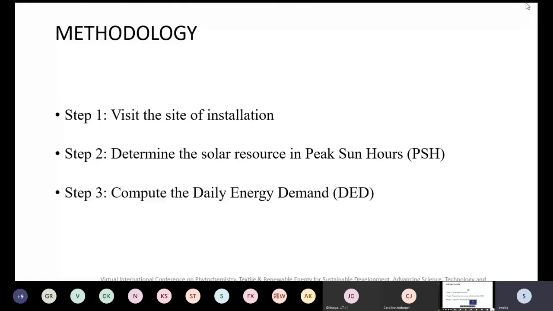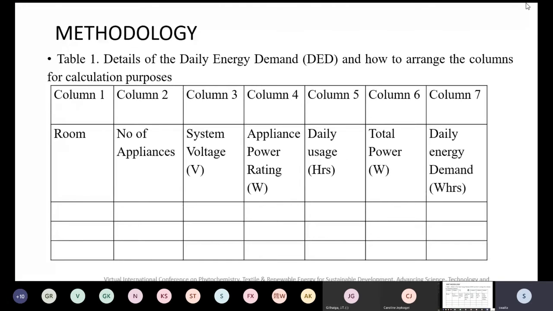Once we discuss with the client the needs, what devices they want to power and what they are planning in the future, in terms of buying other appliances or adding more rooms in the particular installation or building where the system is installed, you can make a simple table here with about 7 columns.